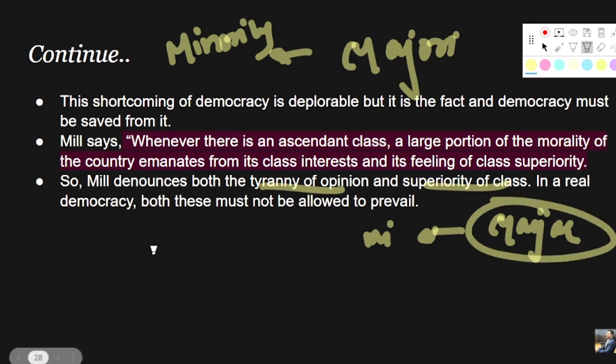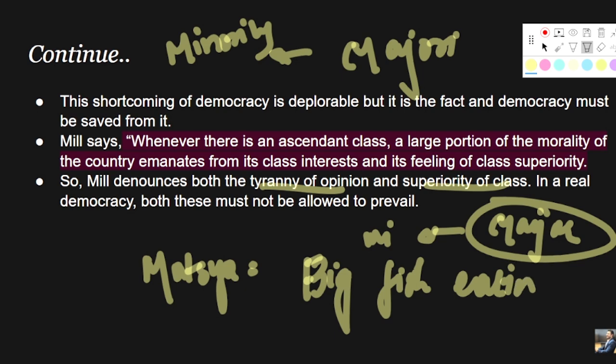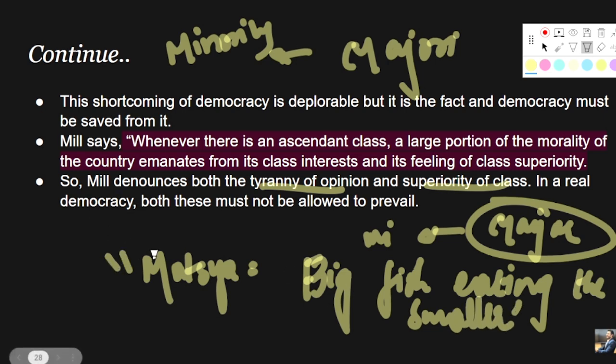And as per the Indian context of Matsya Nyaya, we all know that there is a general tendency of the big fish eating the smaller one, right? And this is the idea which is being denounced by Mill, the tyranny of opinion and superiority of class. In a real democracy, both of these must not be allowed to prevail, right?